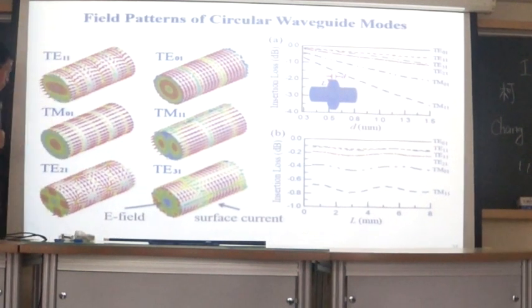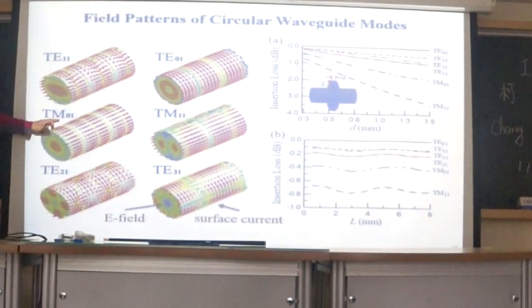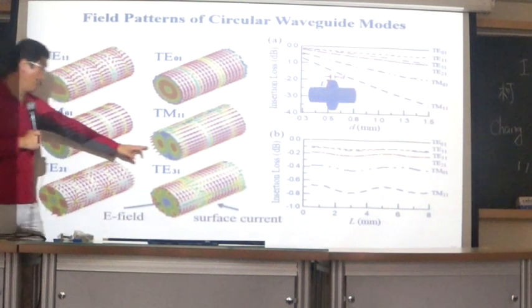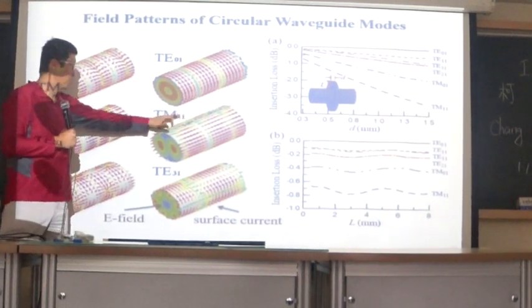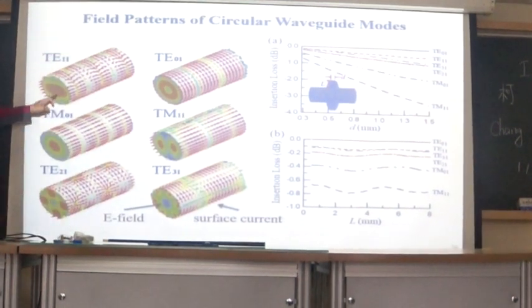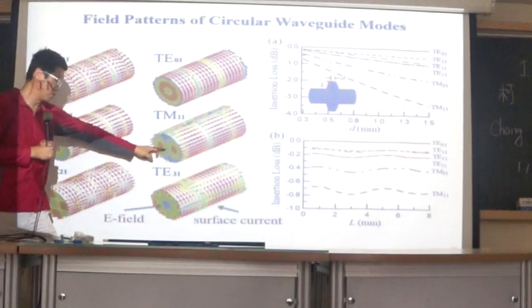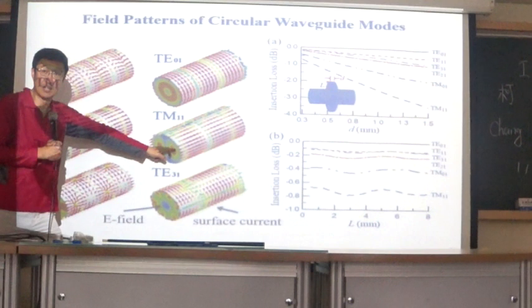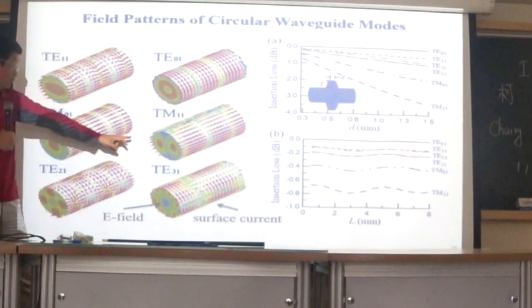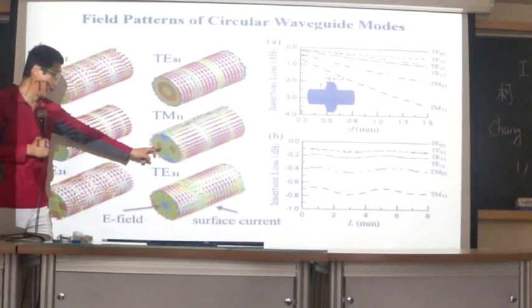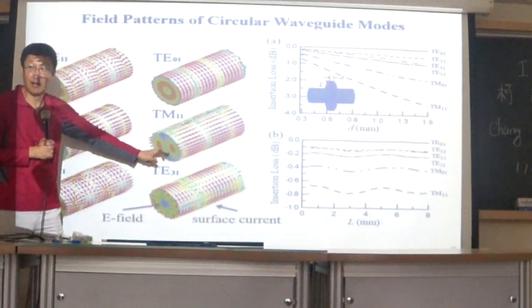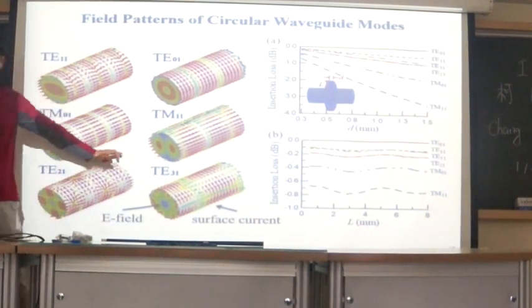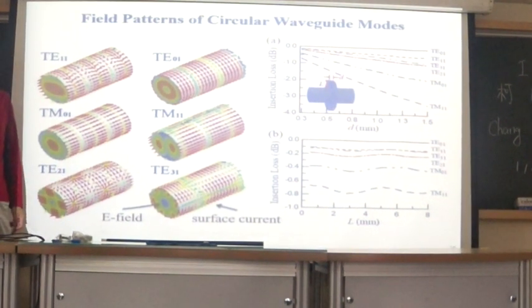That's the TE mode, that's the TM mode. TM11, TE11, different field patterns. That's the electric field, so different field patterns. What does this field pattern look like? Like a pig nose.